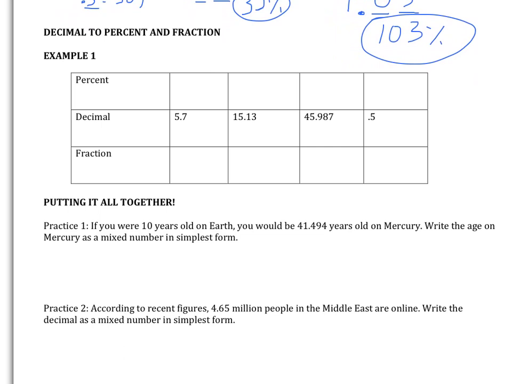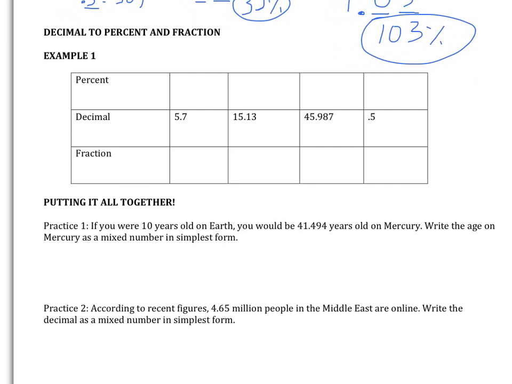Alright, decimals to percentages and fractions. Some of you have been struggling on the spiral with some of these, so we've got to get these down right now. Alright, so 5.7 as a percent.